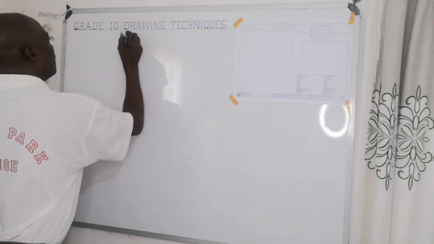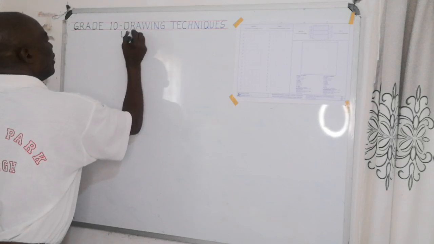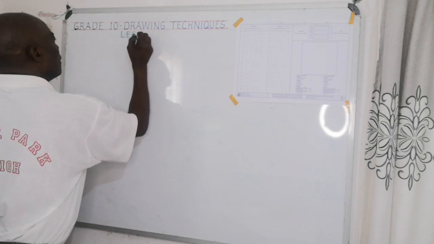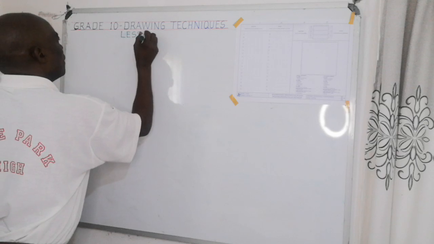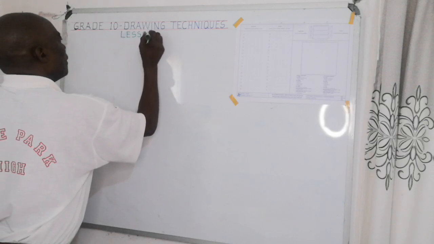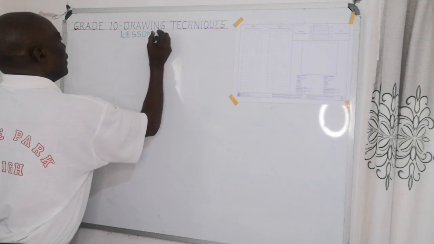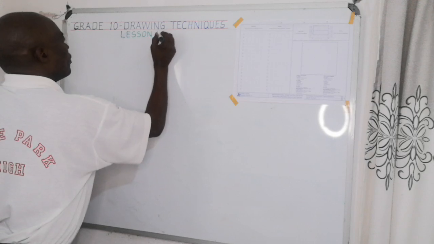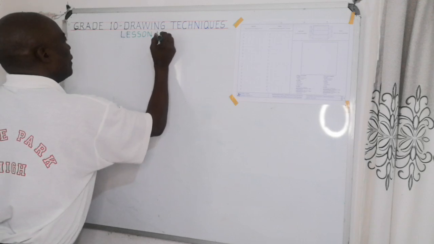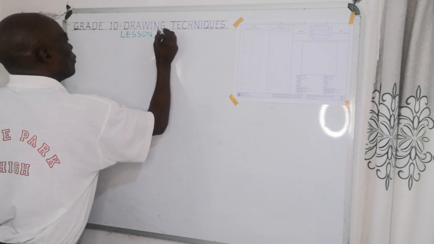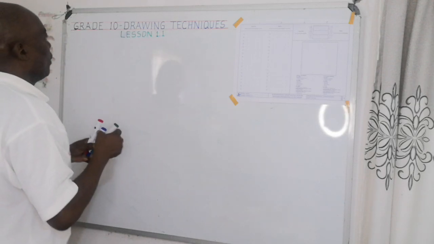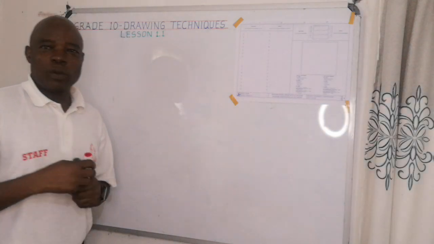I can print without double lines or guidelines. Lesson 1. Let me call it lesson 1.1. Right. So I'm now going to start.